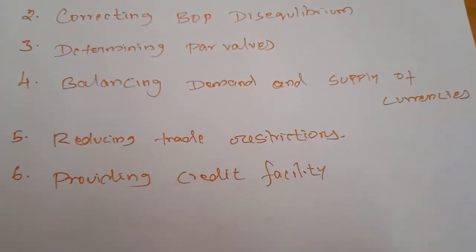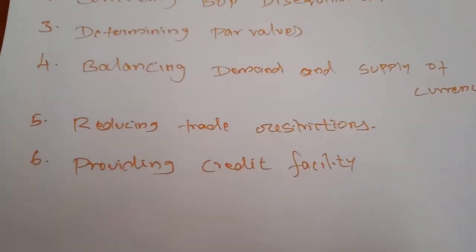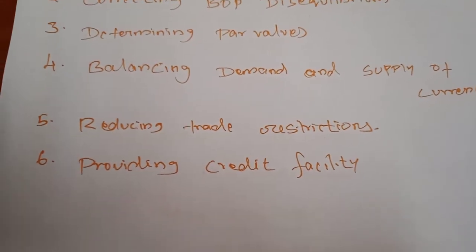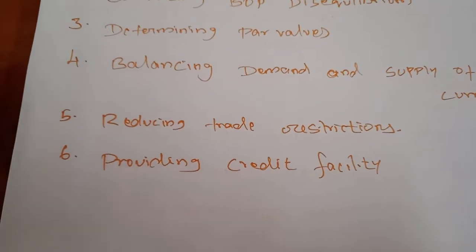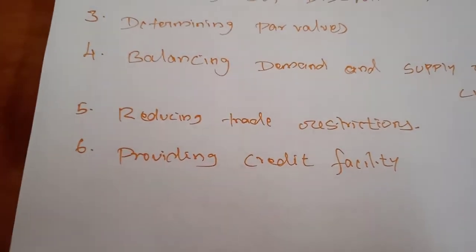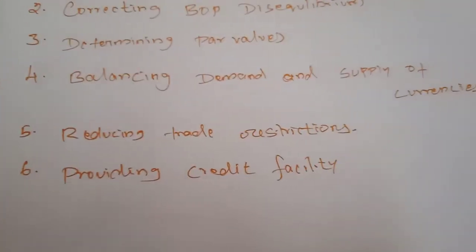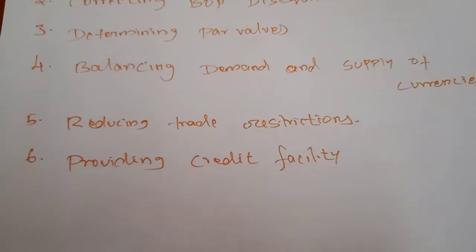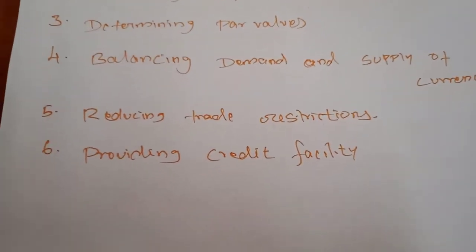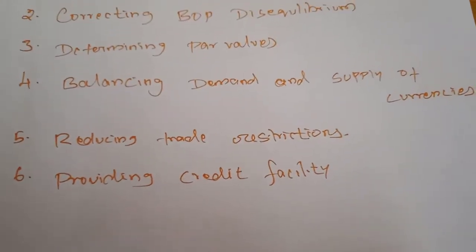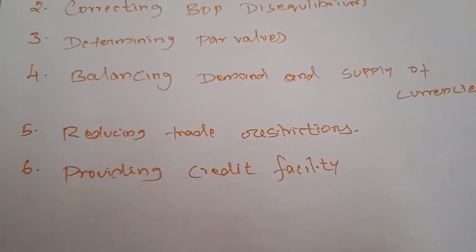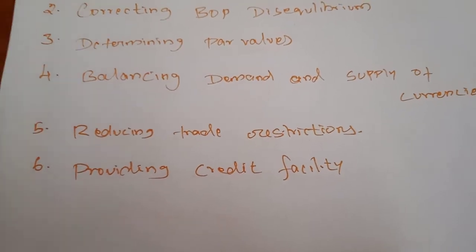Already we know all nations have a need for foreign currencies, but we never know when the demand will arise, because trade takes place on the basis of demand, and we never know when demand will be created in other nations and in domestic nations also.